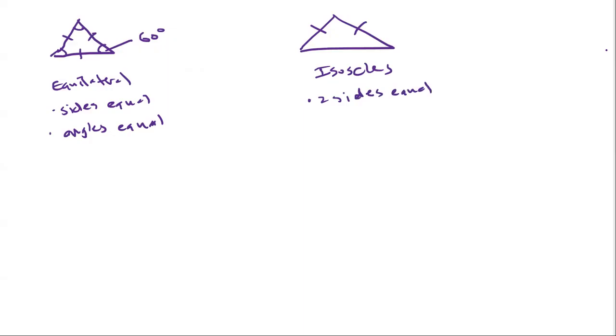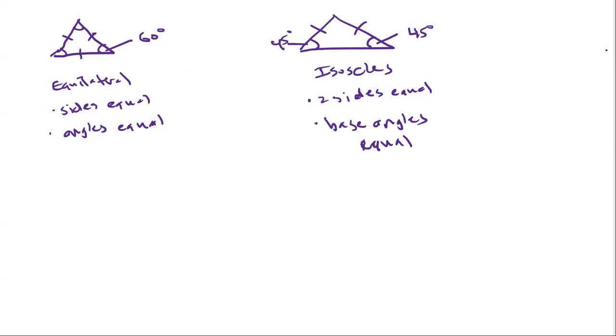And if two sides are equal, what do we know about the base angles, these angles here? Well, the base angles would have to be the same. So if this was, say, 45 degrees, then this is also 45 degrees. That's what it's saying: the base angles are the same.